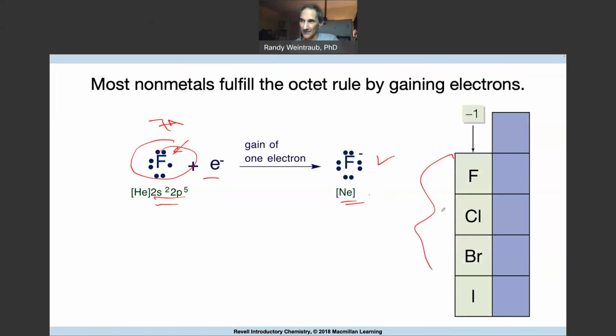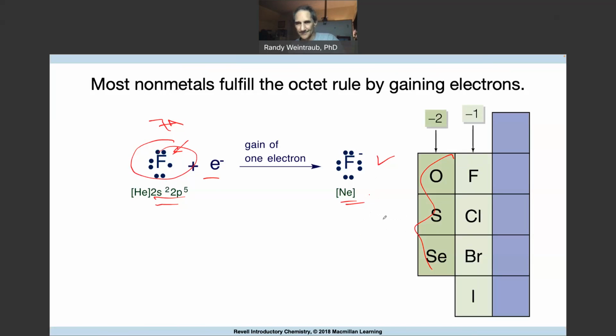All of these, this is a group that's called the halogens. They do the same thing, gain 1 electron, become a -1 anion. They're very aggressive at gaining electrons.